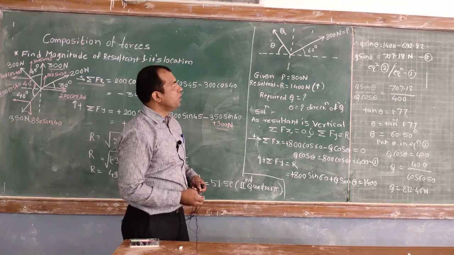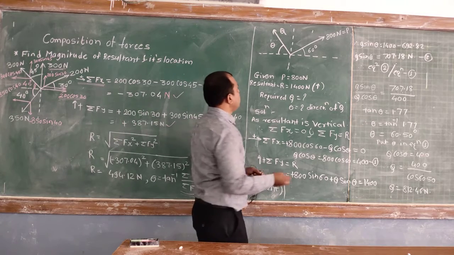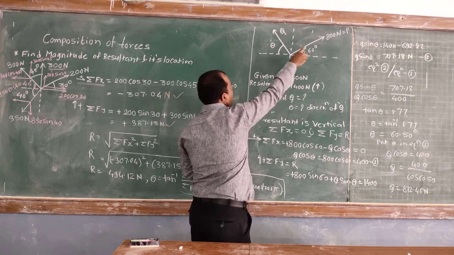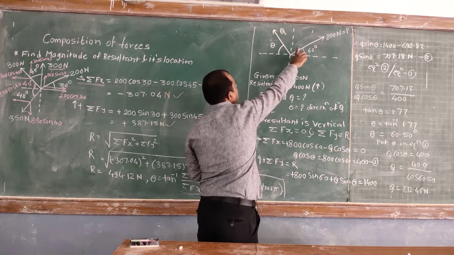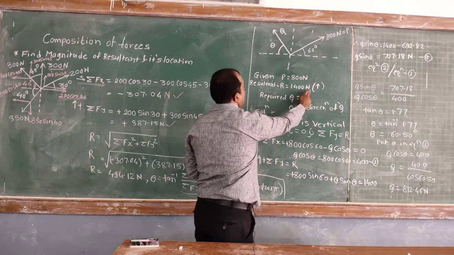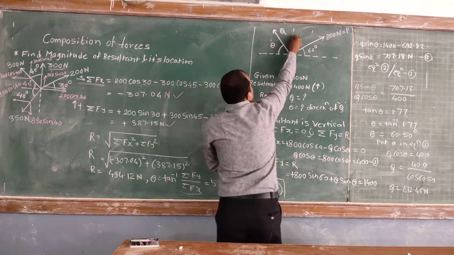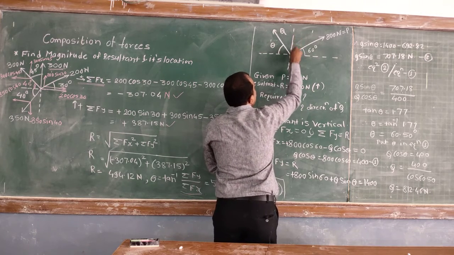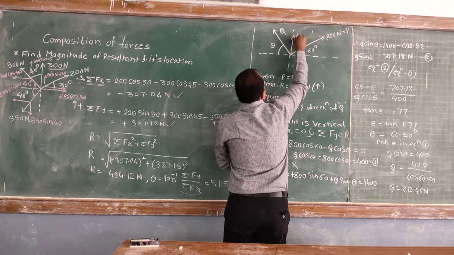It is given that P is 800 Newton, makes an angle of 60 degree with respect to horizontal, and the resultant R is given as 1400 Newton vertically upward. So this is your resultant in this problem.